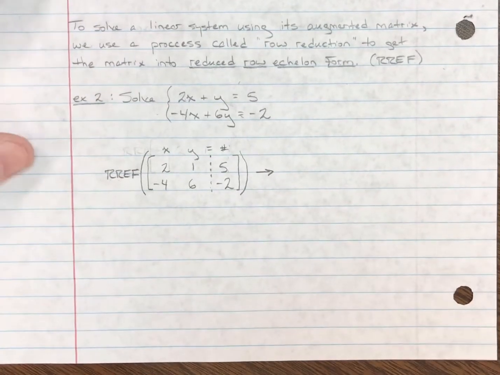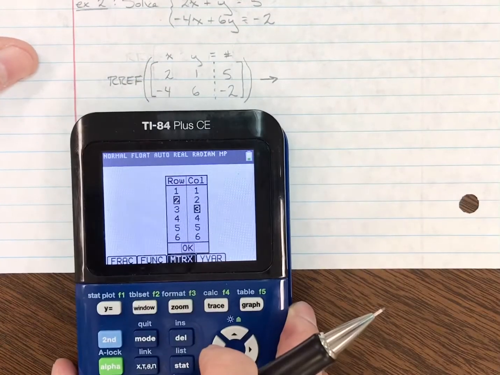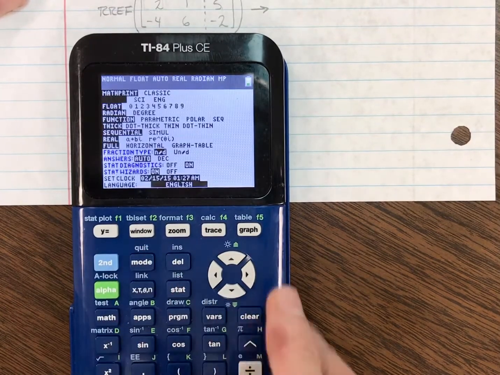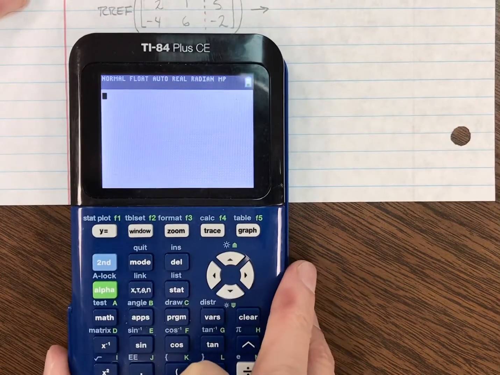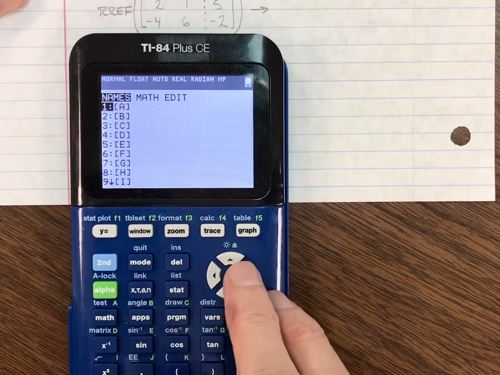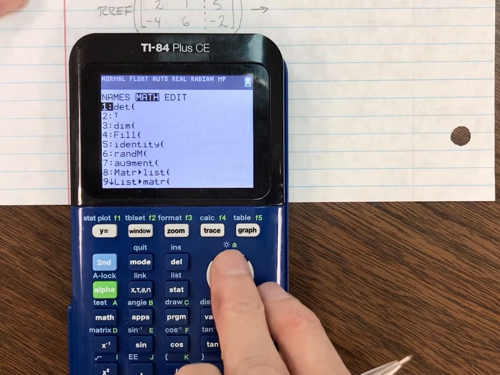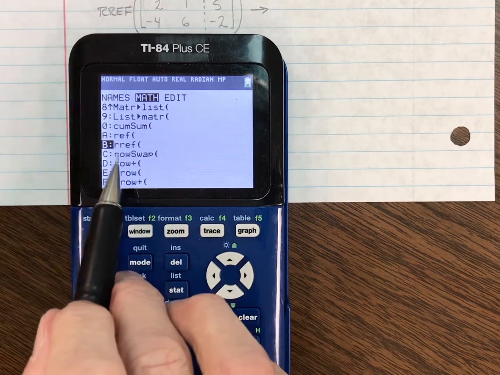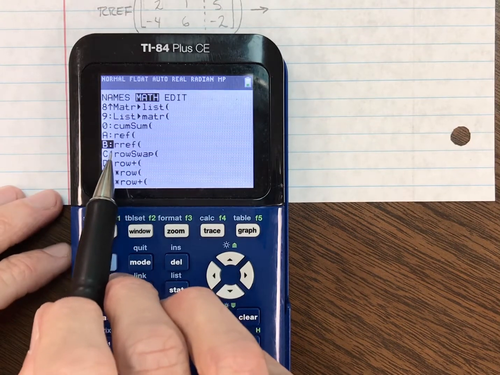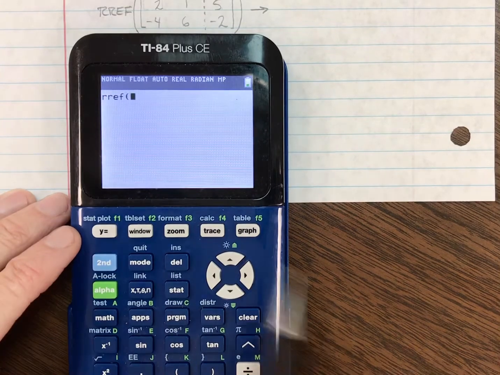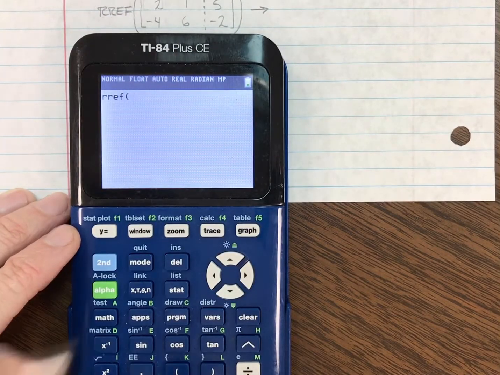Let's first go second quit. Okay, let's first go into the matrix menu and go to math. I'm going to scroll up because I need to get to RREF, reduced row echelon form, and select enter. I want to row reduce that matrix right there.